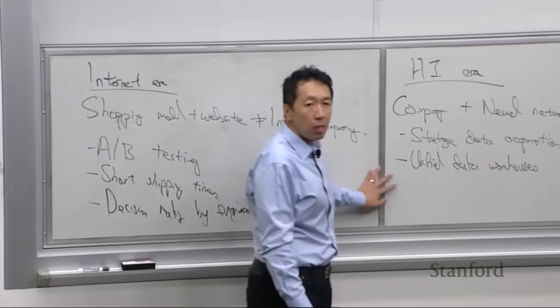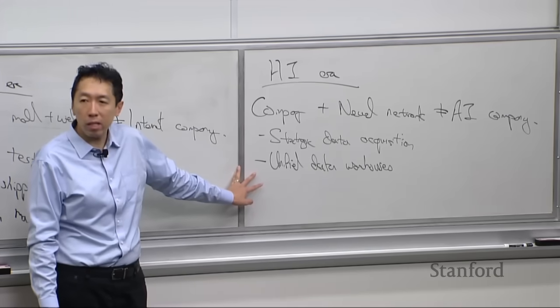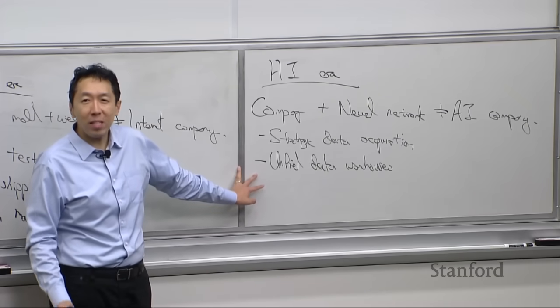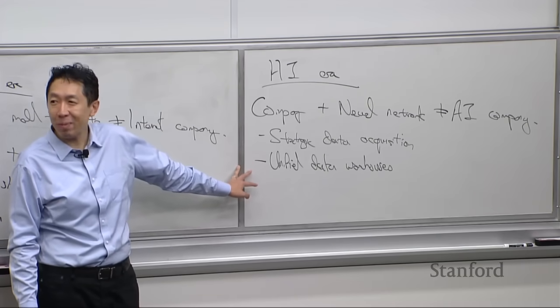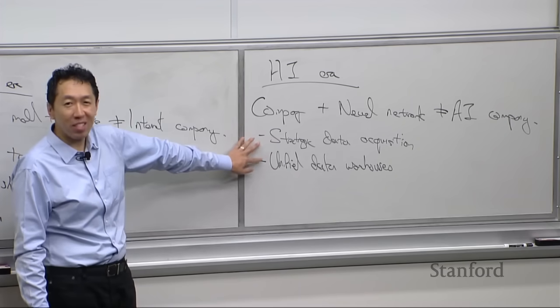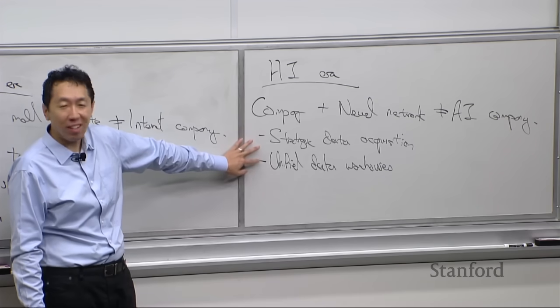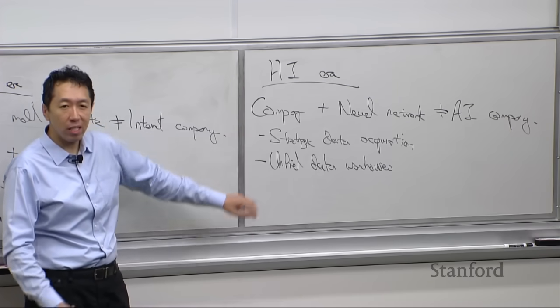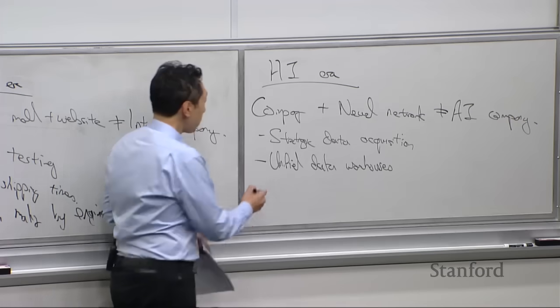So the leading AI companies tend to have unified data warehouses. And I know we have a large home audience, or SCPD or other home audience here. So if any of you work at large tech companies, this is something that many companies are investing in today to lay the foundation for learning algorithms.